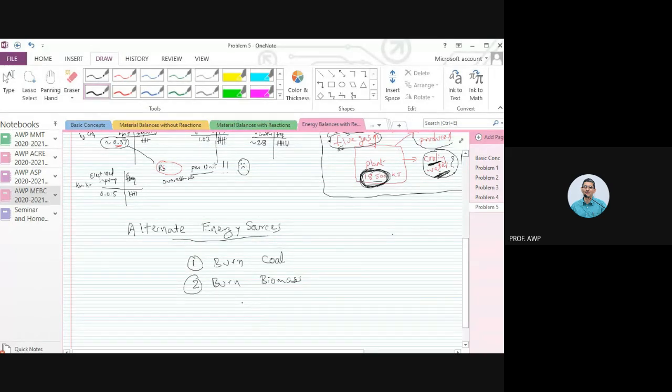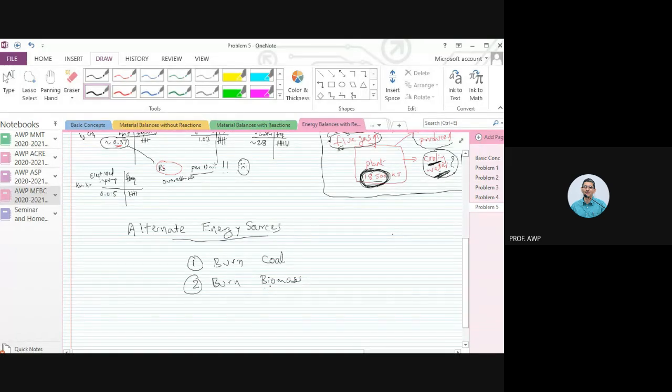Anybody from this Punjab, Haryana, Delhi side in your class? Nobody is from Punjab, Haryana, Delhi side. Anyway, you are aware that every year in winter, people talk about farmers burning the stubble, the leftover material in their farms.